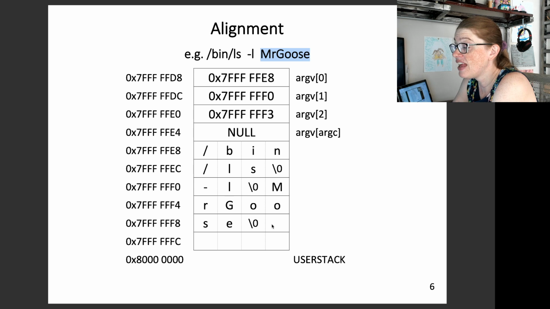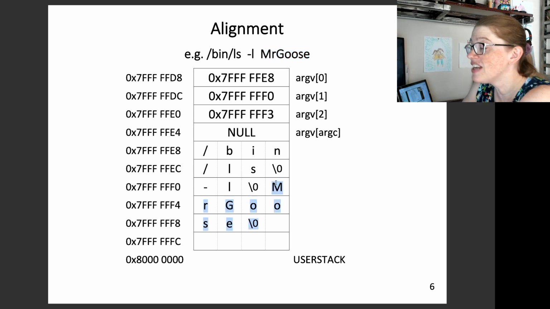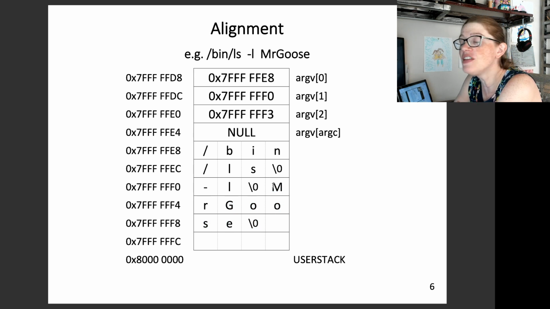Now what you'll see is that we have put Mr. Goose, a null terminated string. Those individual characters live at any address. See, they're living here. So we start at this address here, and it goes down there. And there's the argument -l, and there's the program name. Each of those strings are null terminated, and you will note that they live at any address, no alignment required.